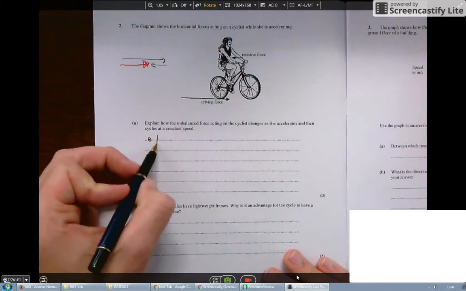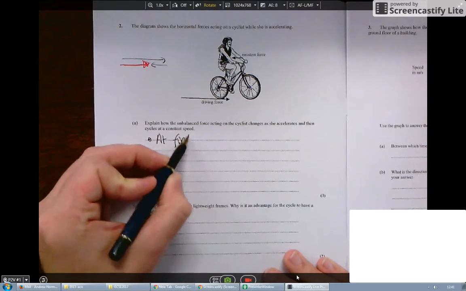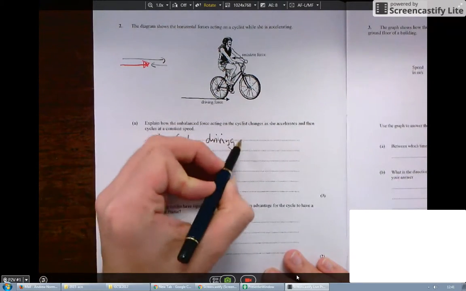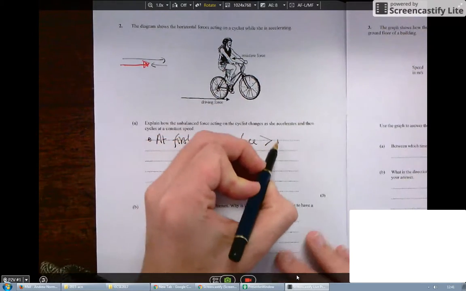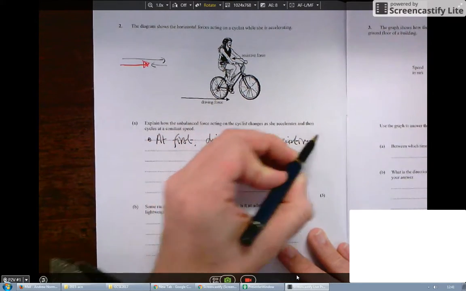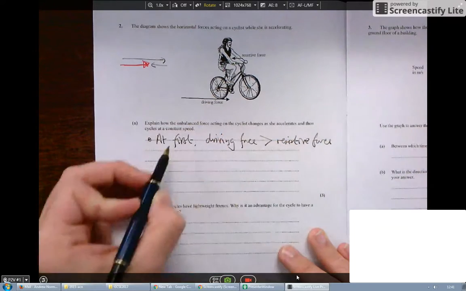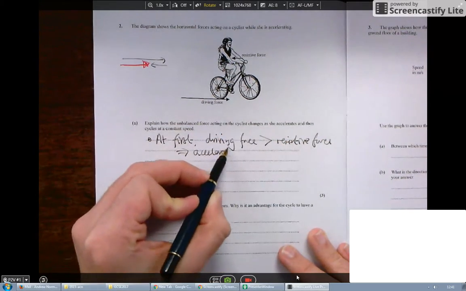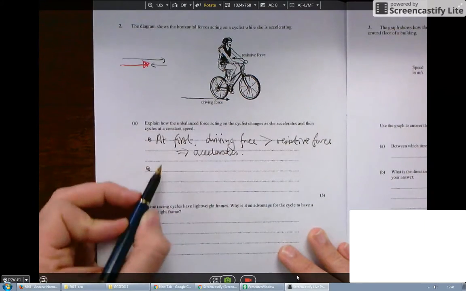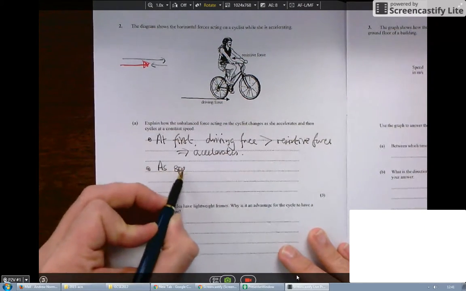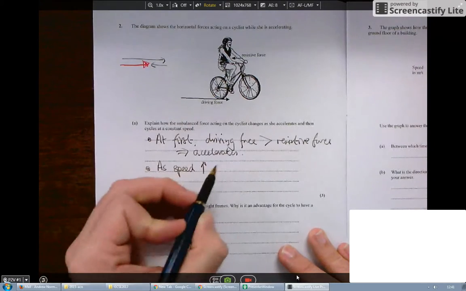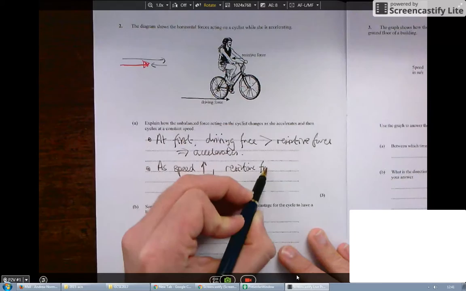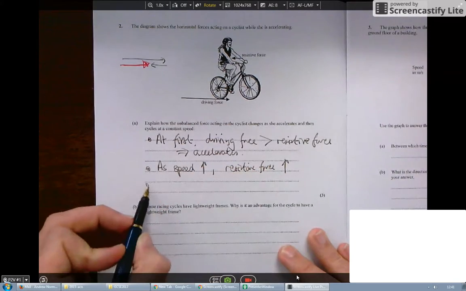First of all, we note that at first the driving force is bigger than the resistive force, and this means that she accelerates. As the speed increases, the resistive force, the drag, also increases.